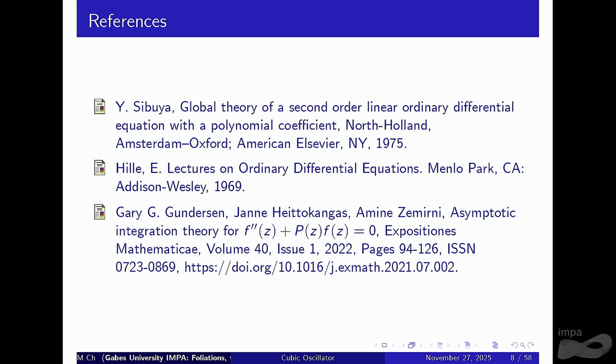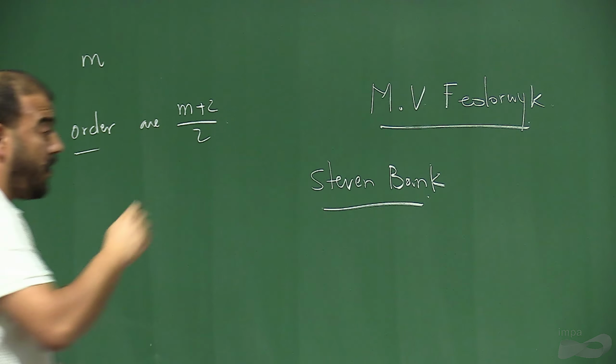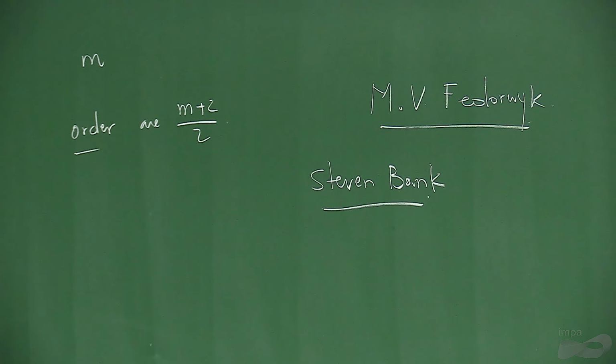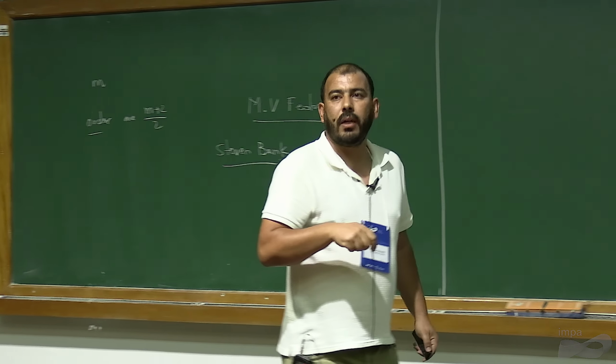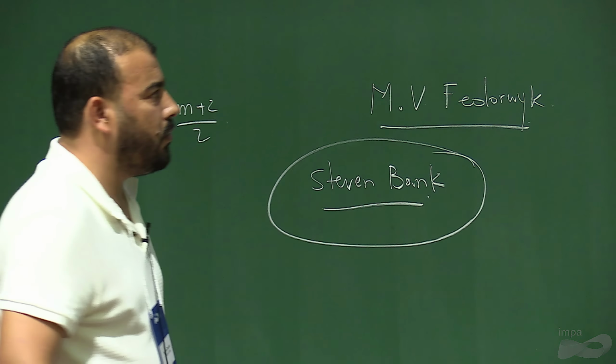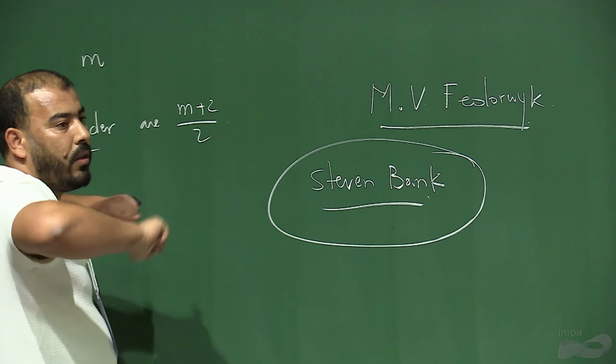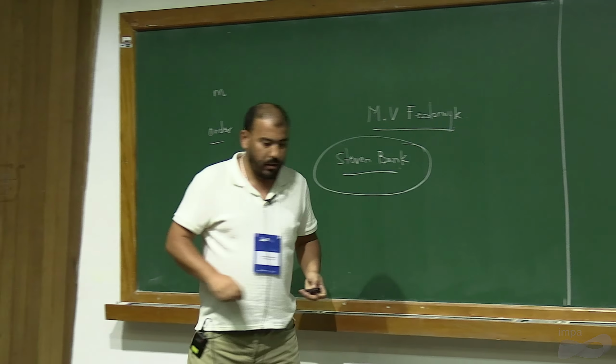We can find all these results in the book of Shibuya and Hille, and the asymptotics of the zeros near the translated critical ray is in this paper, and in the work of Steven Bank and Gundersen. Steven Bank also first mentioned the first example, because Einar Hille claimed that the zeros are near the anti-Stokes line, but Bank, using Strodt's theory, constructed an example of an ordinary differential equation with polynomial coefficients with a non-trivial solution that has zeros near not the anti-Stokes line, but a translated anti-Stokes line.